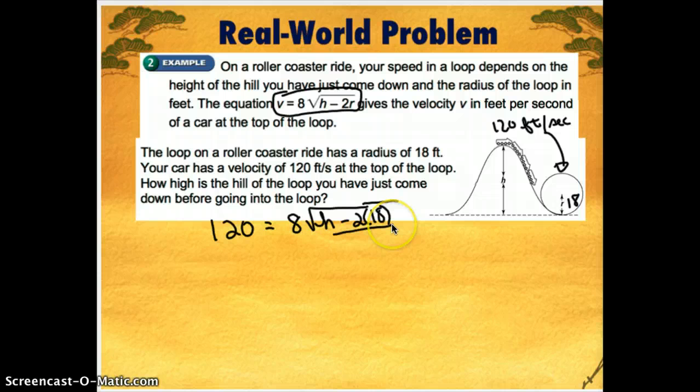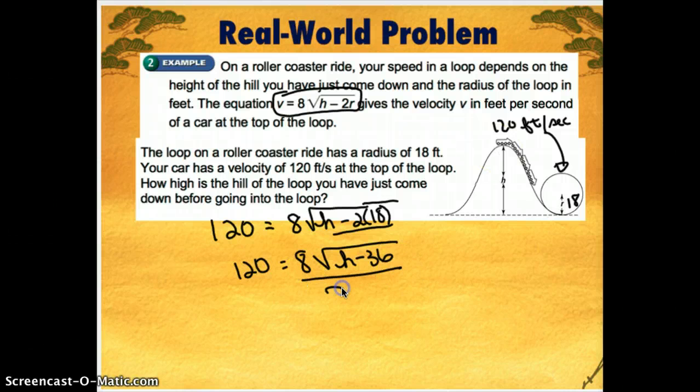I would first simplify under the radical, so it's 8 times the square root of h minus 36 equals 120. The radical is not alone, so I get it alone by dividing both sides by 8. 120 divided by 8 is 15, so 15 equals the square root of h minus 36.